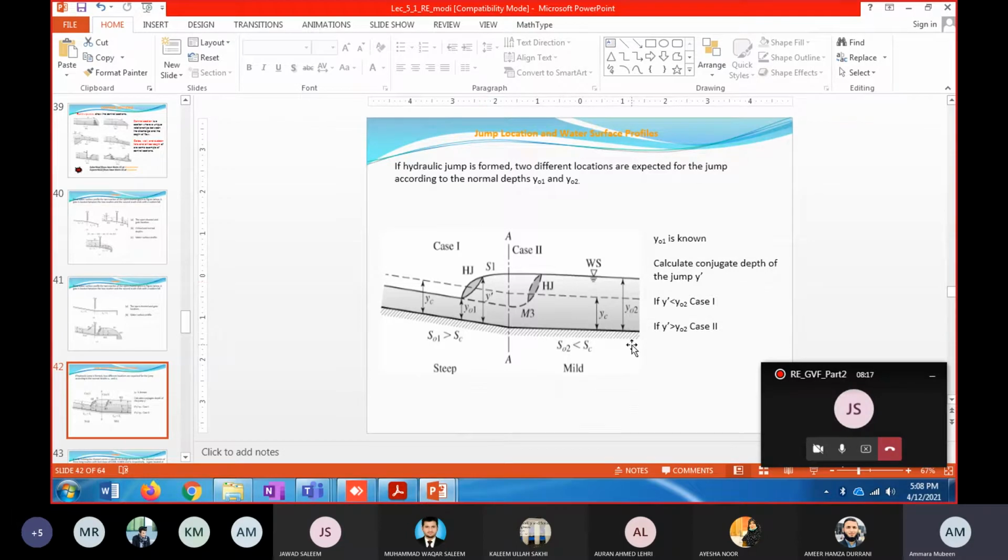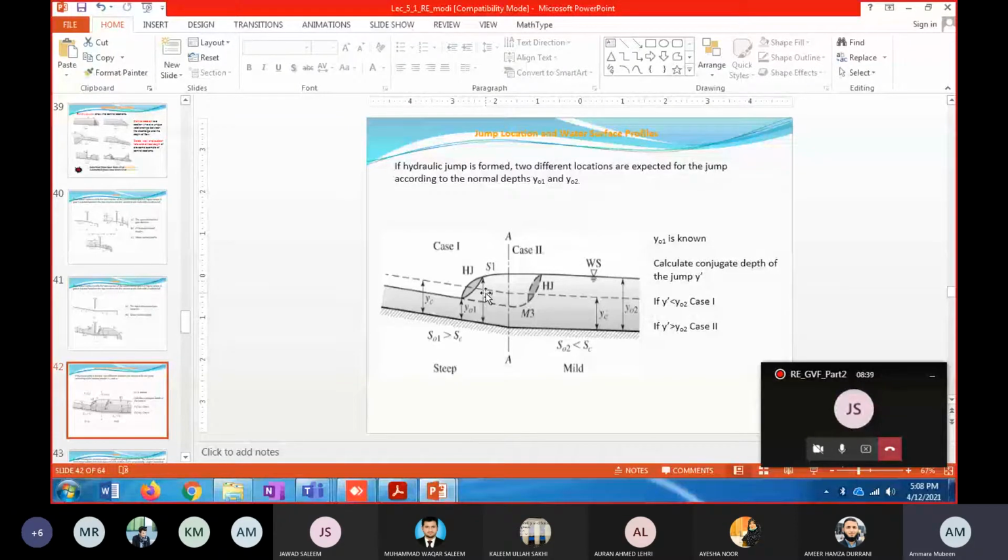You can just check this criterion. If y dash is this depth, and if y dash is less than the normal depth on this slope, there would be some value of y naught 2, and there would be some value of conjugate depth.